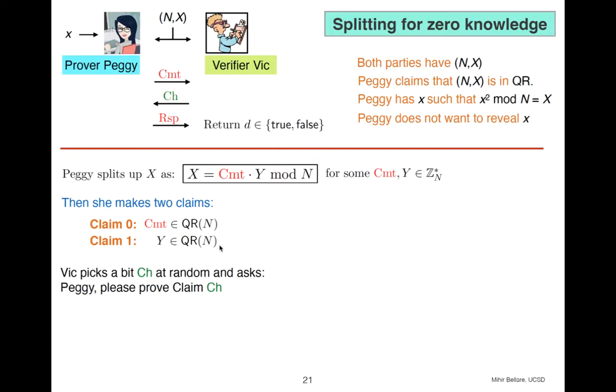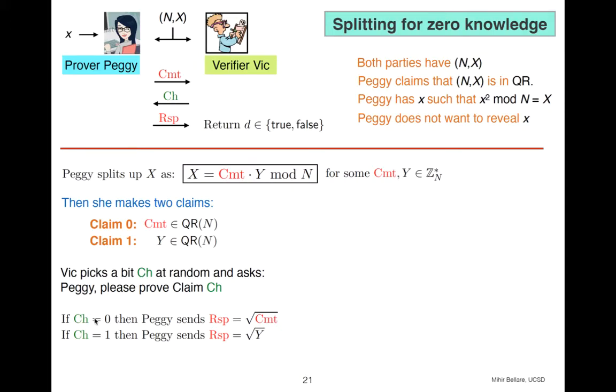However, the trick to make it zero-knowledge is that Vic isn't going to check both these claims. He's going to pick one at random and ask Peggy to prove it. So he's going to say, okay, you're making two claims that commit is a square and Y is a square. I'm going to spot check that. I'm going to say, pick one of the claims, 0 or 1 at random, and now prove me that one.